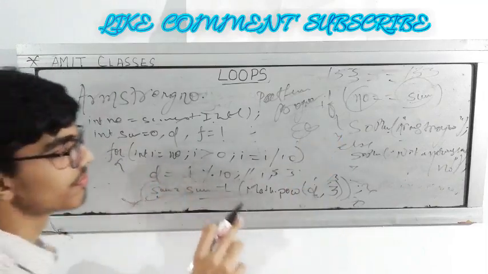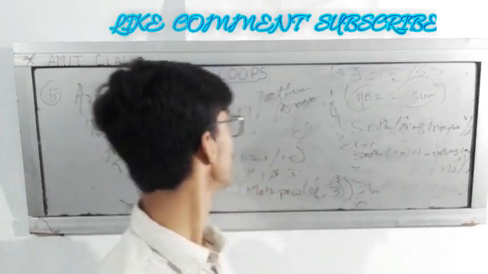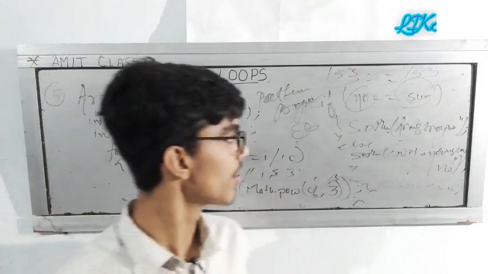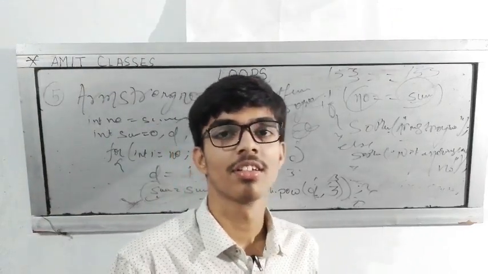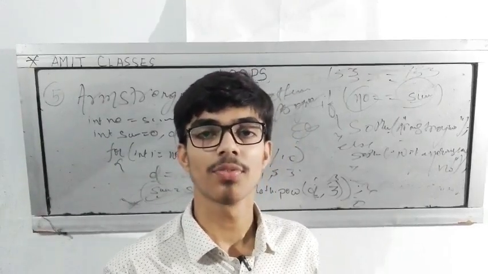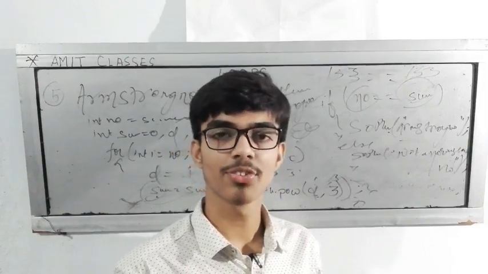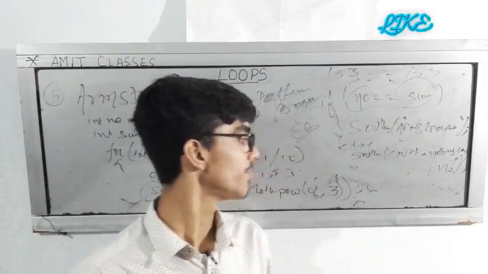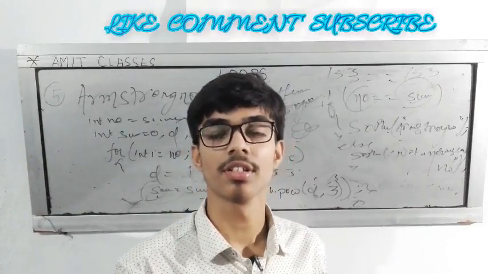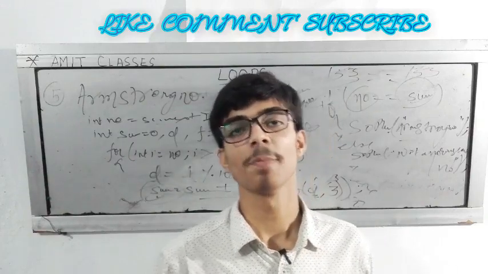That we'll discuss in our next class. So today we have done almost 5 big programs of numbers, which is very important for our boards and also for our exams in our schools. These are questions from previous years' question papers. So they are important questions for you to know.